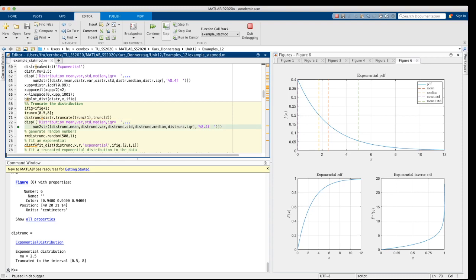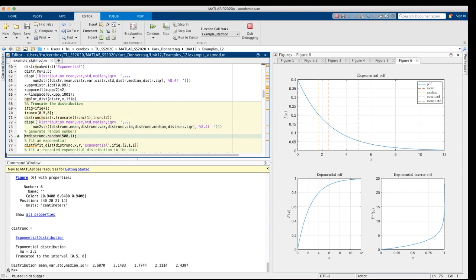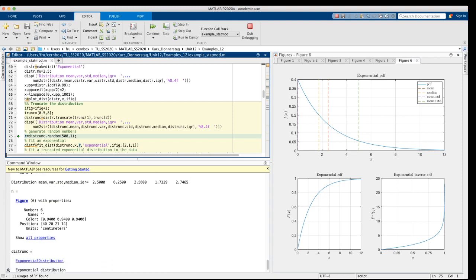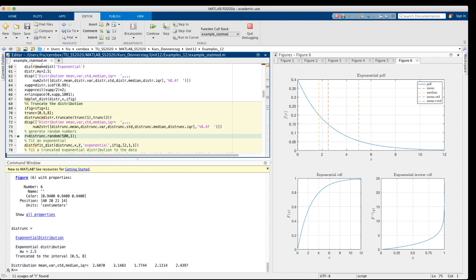So let's now display the characteristic numbers. You see that the mean value has increased, the variance and the standard deviation have decreased. And if we compare the median, you see that the median has increased.